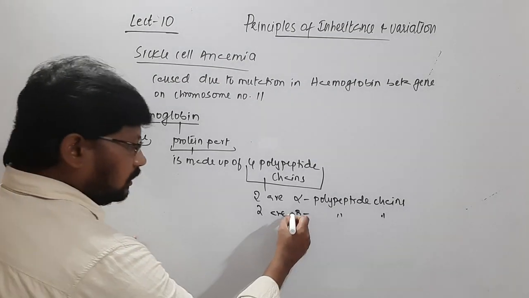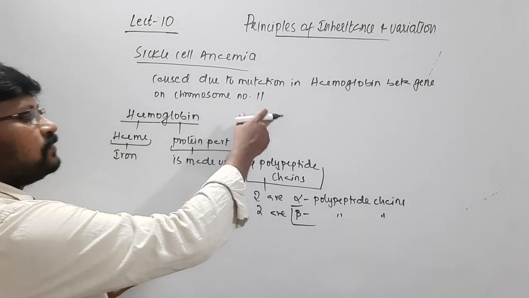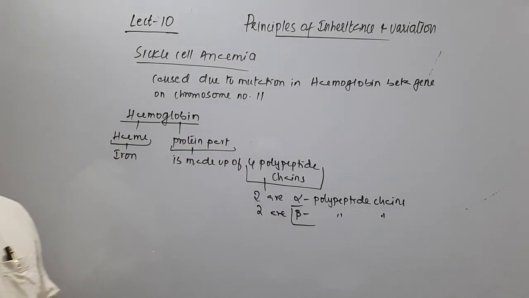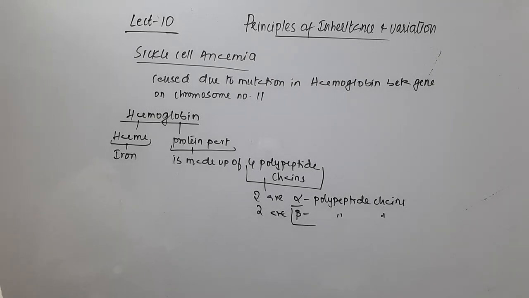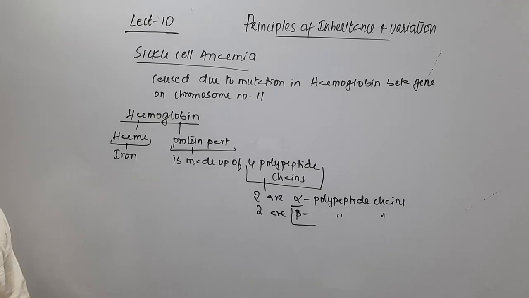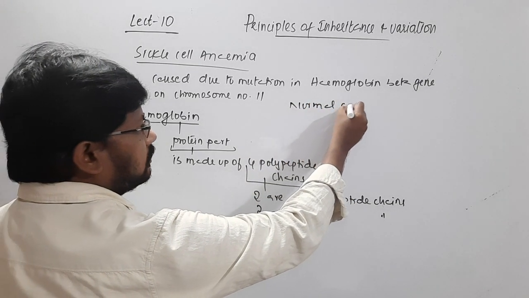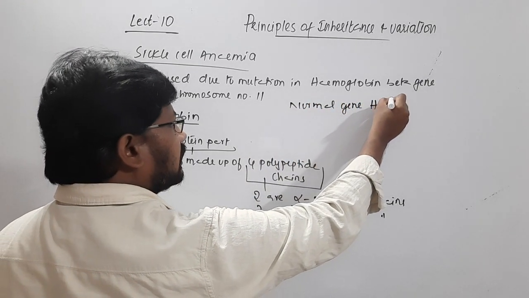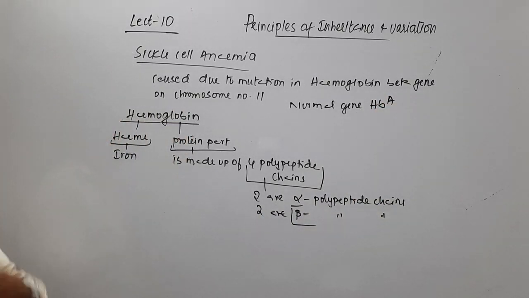It is in this beta polypeptide chain that there is a change in an amino acid. Let's see how there is a change. In case of the normal gene, I'm going to take it as HbA.